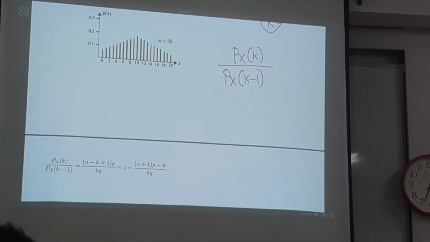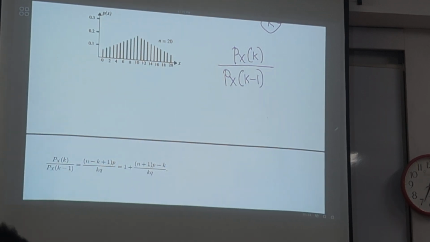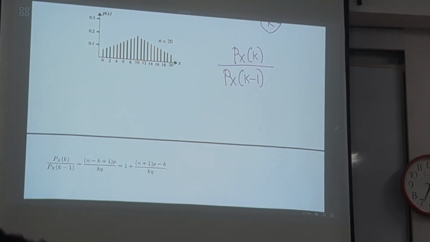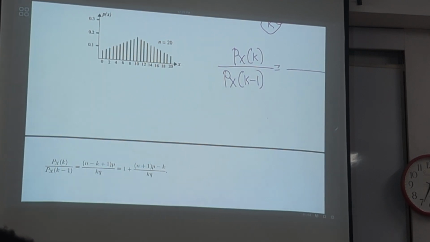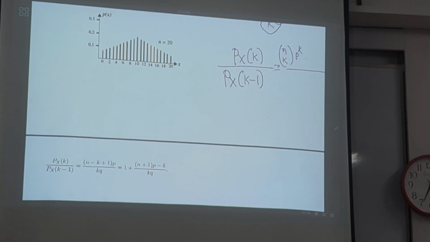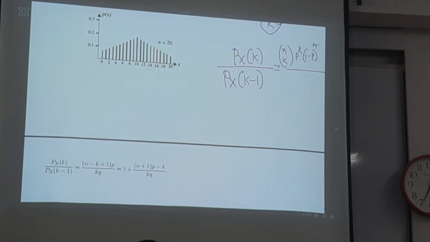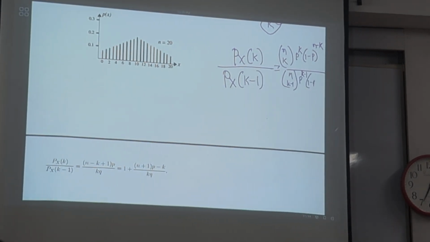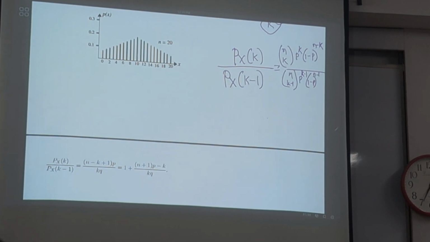That is, if we find the ratio between the PMF for a value k and the previous one, then you can see this probability is n choose k, p to the power k, 1 minus p to the power n minus k, right? And here, n choose k minus 1, p to the power k minus 1, 1 minus p to the power n minus k plus 1. Okay?